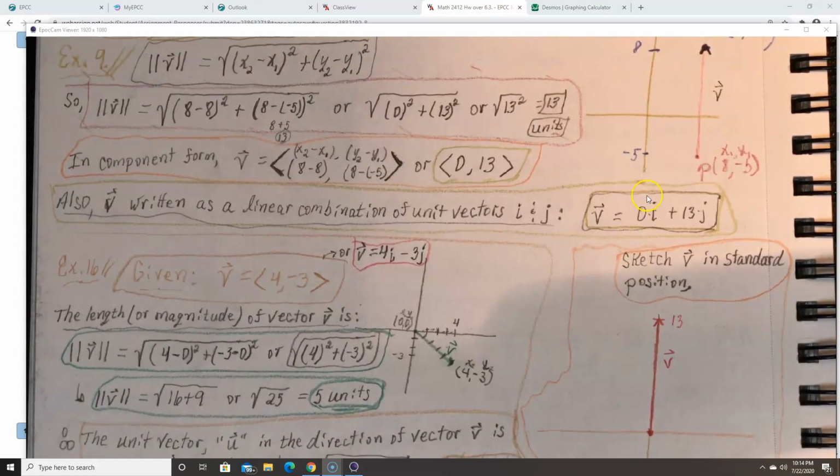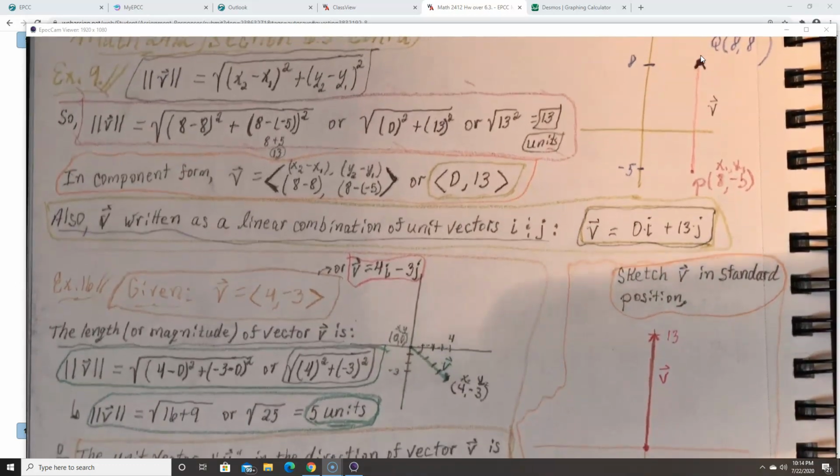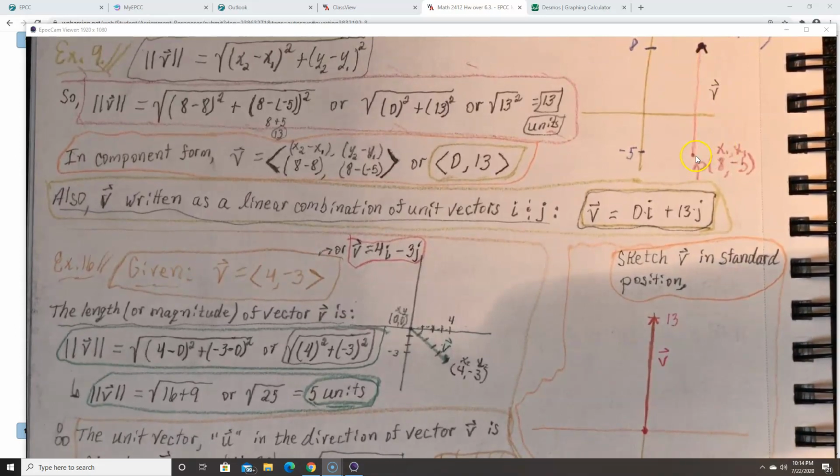Yeah, so we move this vector PQ so that the initial point is at the origin, and then you draw it with the same direction, which was vertically upward, and we know the length is 13, so I just made a sketch.